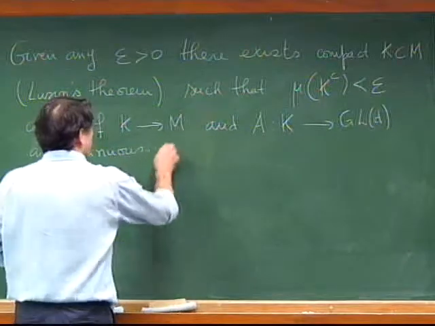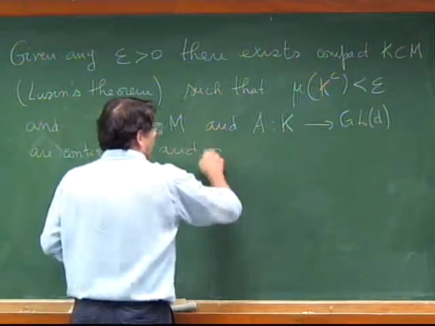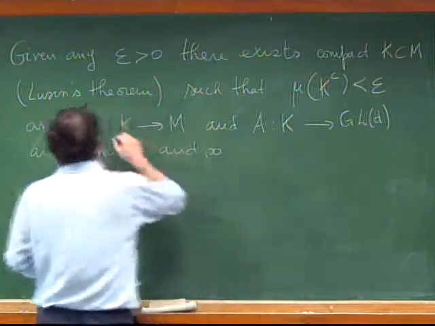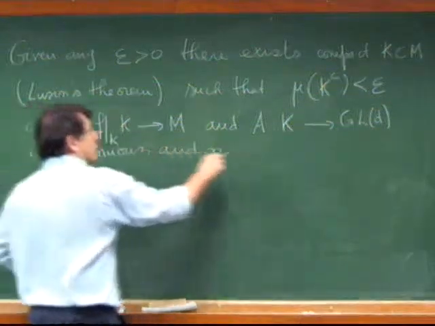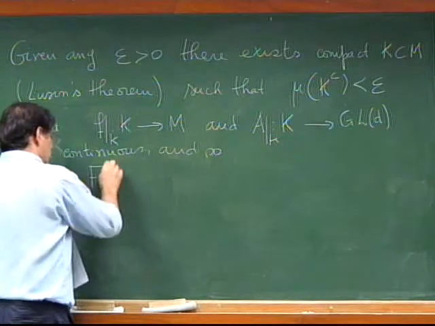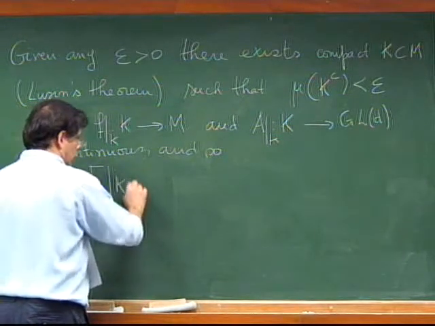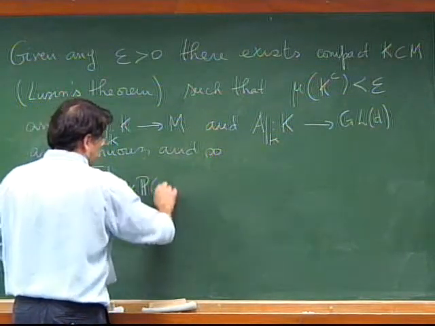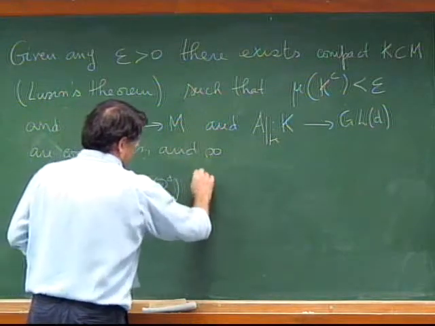So this is f restricted to K, and this is A restricted to K, and so f restricted to K cross the projective space is continuous.